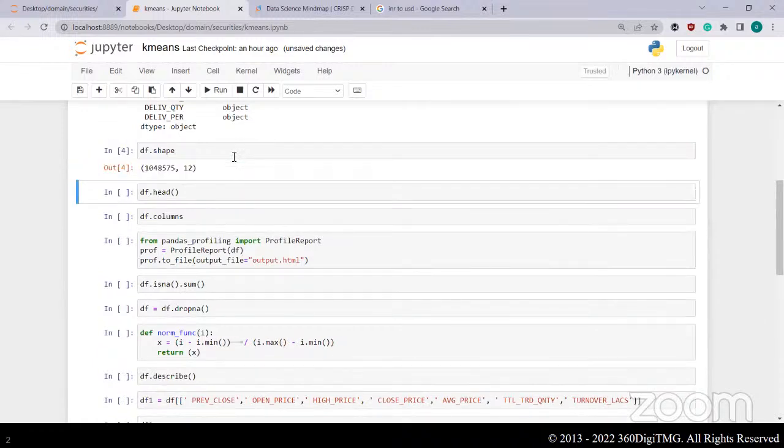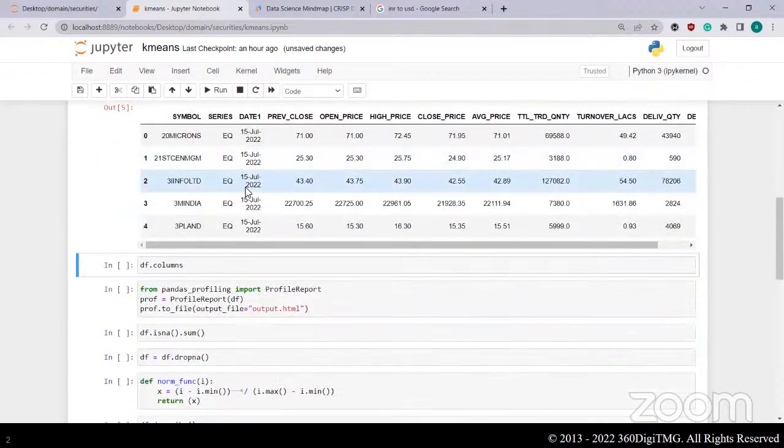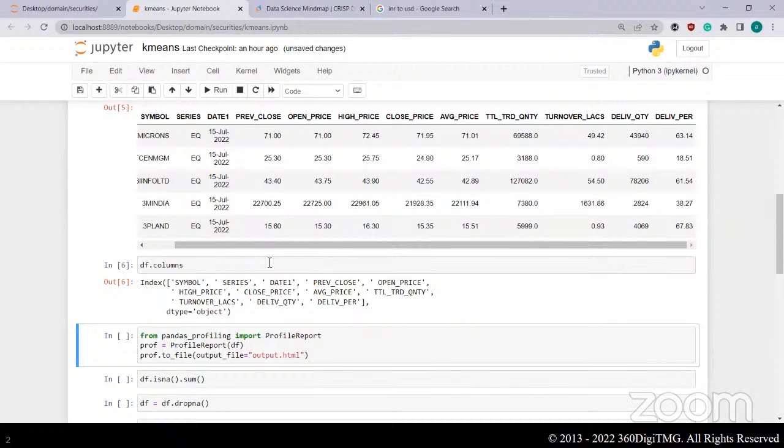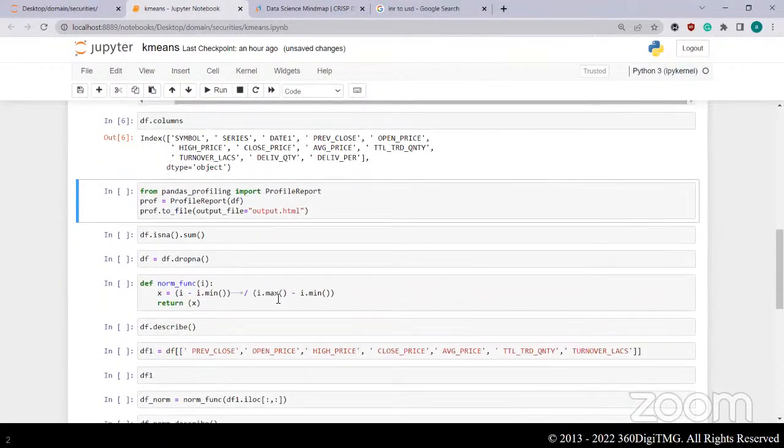We'll look at the first 5 rows, so we can see what all options we have. We'll take the symbol. Okay, we'll take a look at the column names.